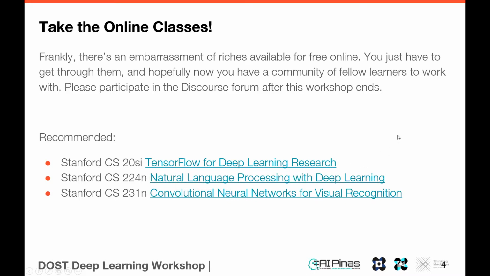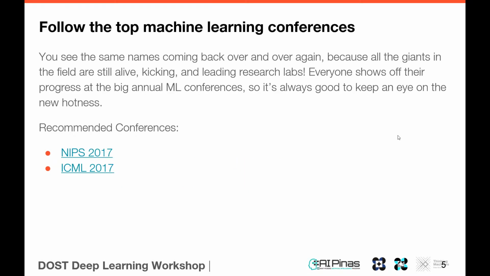If you have gotten a taste for convolutional neural networks and visual recognition for images, 231N, super amazing. You'll find that quite a lot of the material we've already gone through in more of a surface way in this mini course.